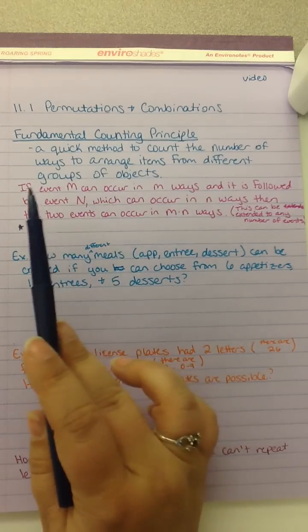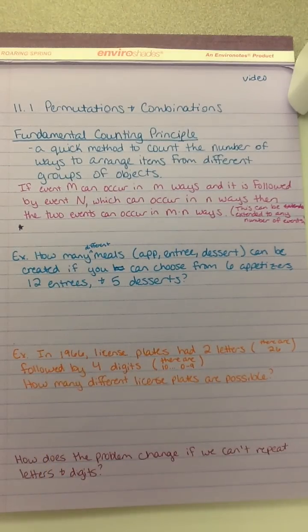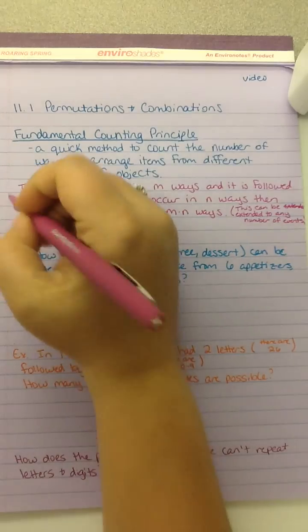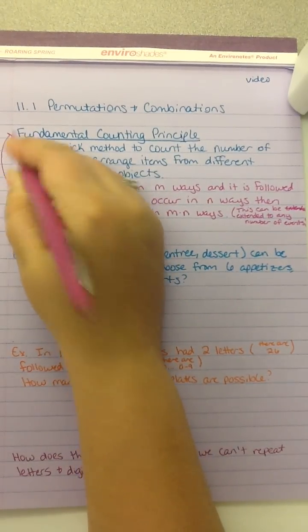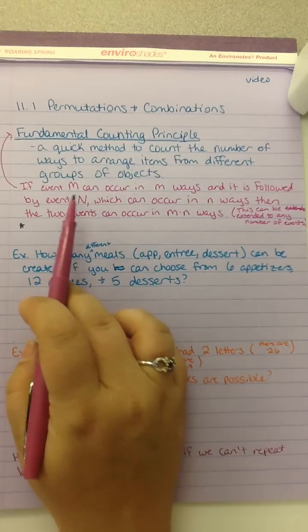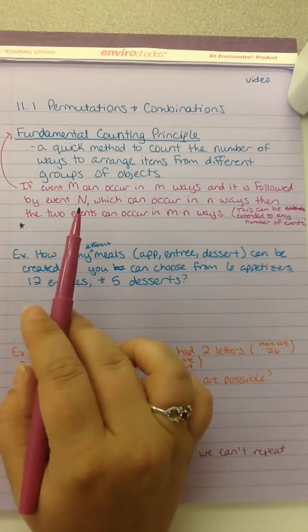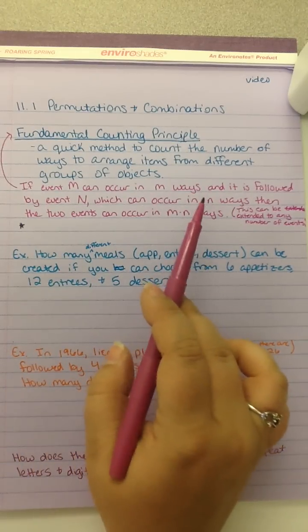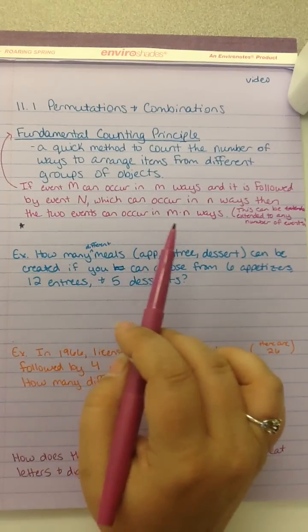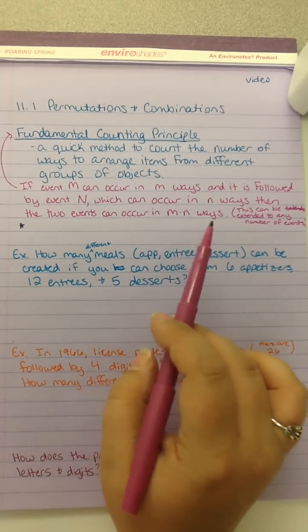An easier way to look at it is, if you have some event and it can occur in a certain number of ways, and then you have a second event which can occur in a different number of ways, the two events occur in m times n ways.